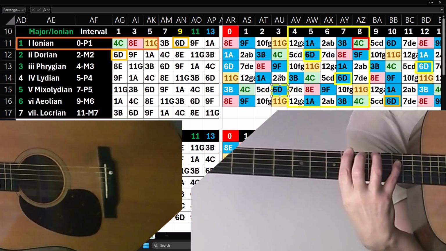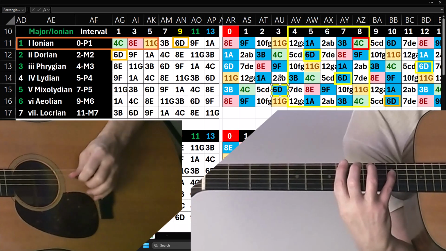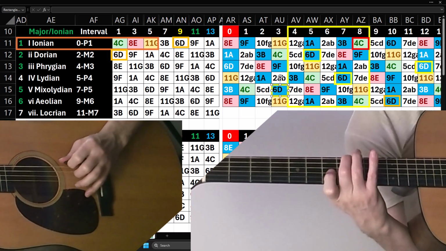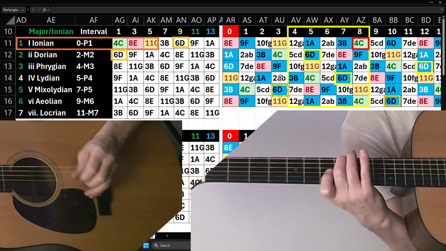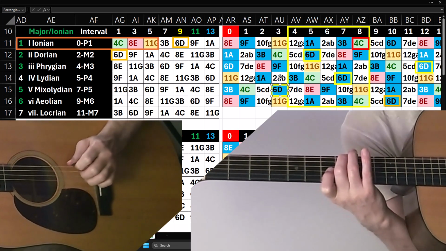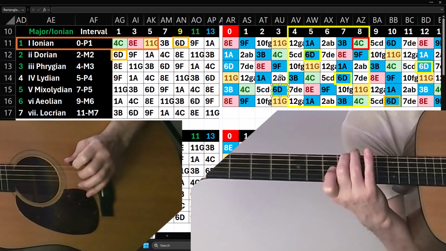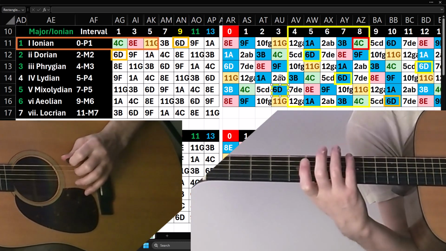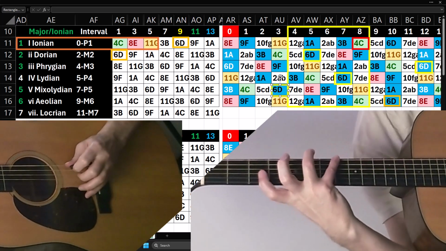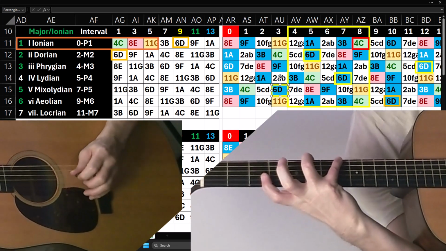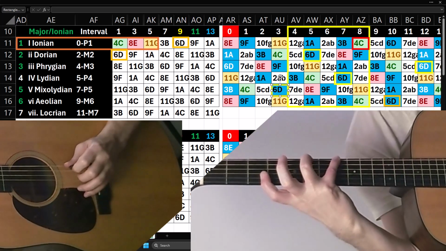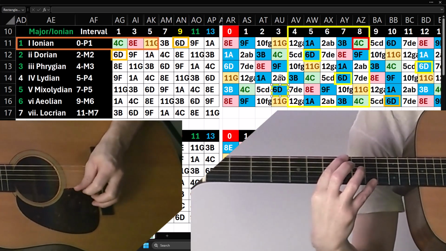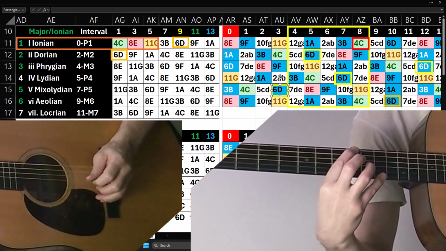So boom, boom, boom, and then if I go down 3 strings, the 2 note away major second is 1 fret back, and if I go down 4 strings, the 2 note away major second is 5 frets back, and then if I go down 5 strings, the 2 note away major second is 2 frets forward.